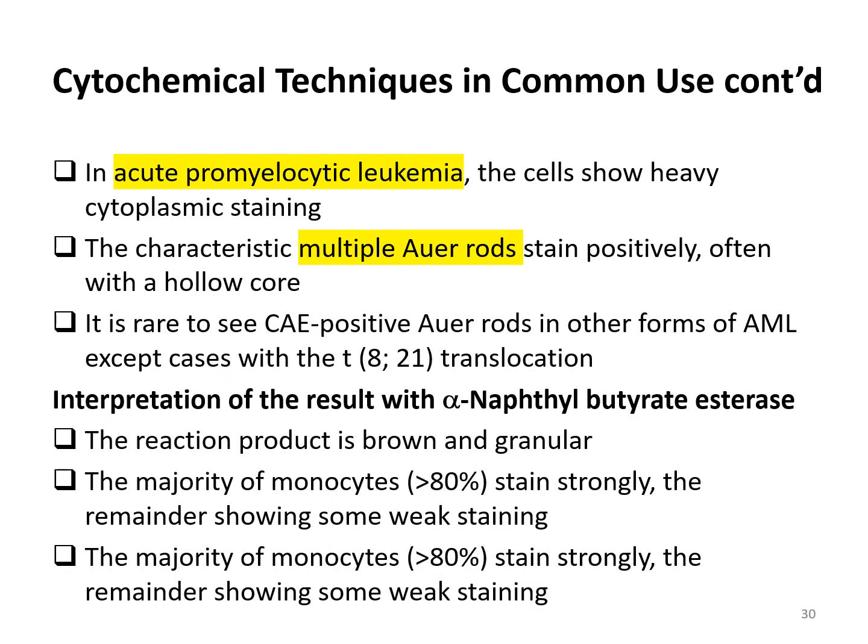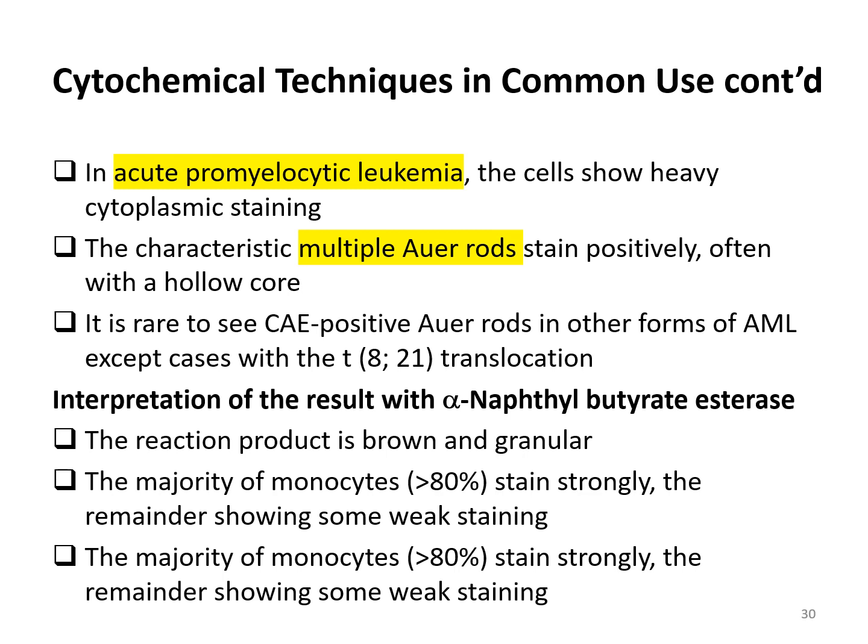Acute promyelocytic leukemia shows heavily stained cytoplasm, and the cells may have multiple Auer rods with a hollow core. It is rare to see CAE-positive Auer rods in other forms of AML, so it is possible to identify acute promyelocytic leukemia because of this finding.